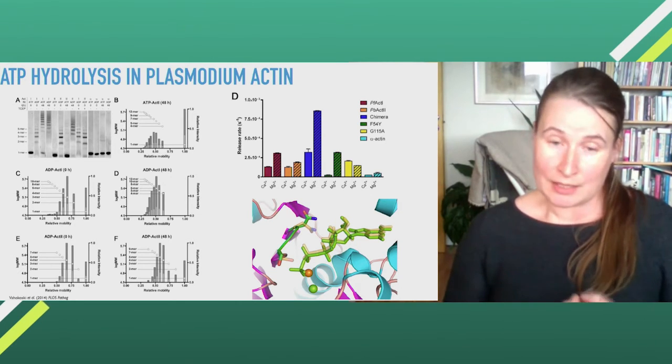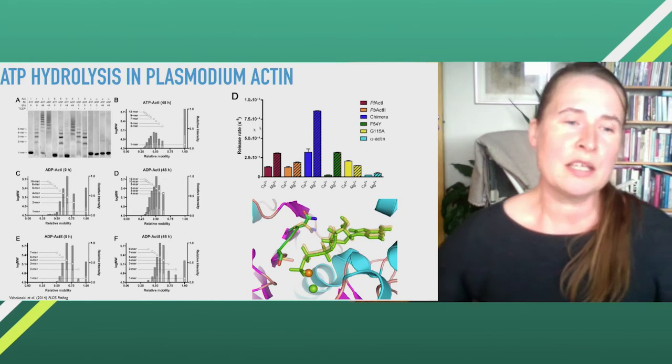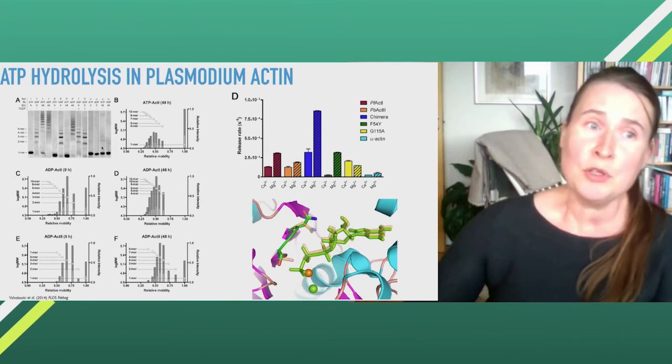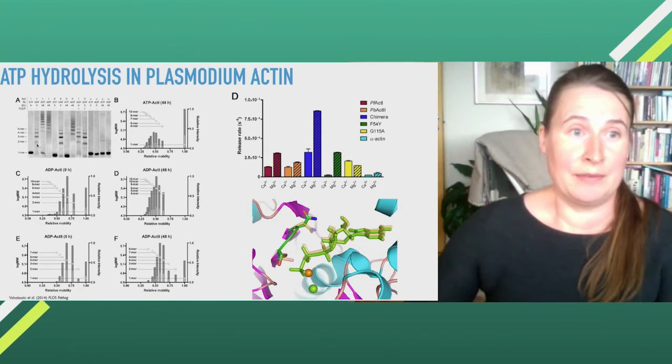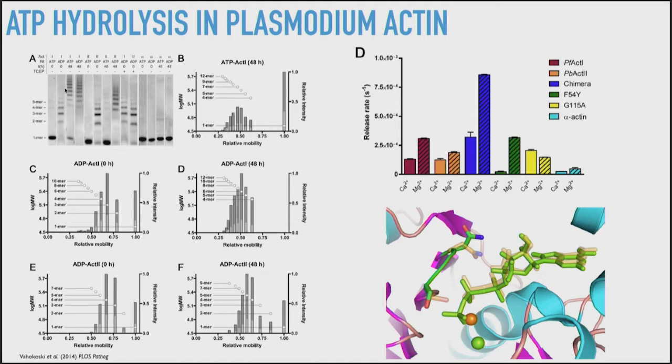But this seems to, as I said, work a bit differently in parasite actins. We discovered already quite a few years ago that Plasmodium actin forms short oligomers in addition to the filaments, and they form them very, very quickly, and that this is actually linked to the hydrolysis of ATP.